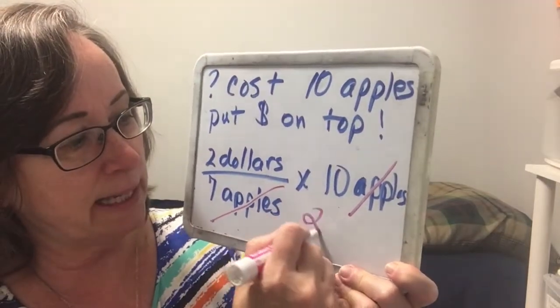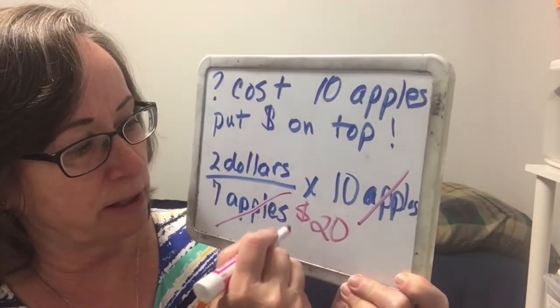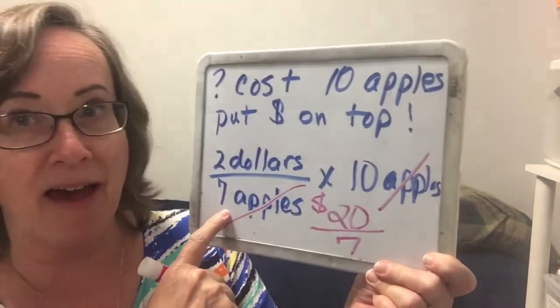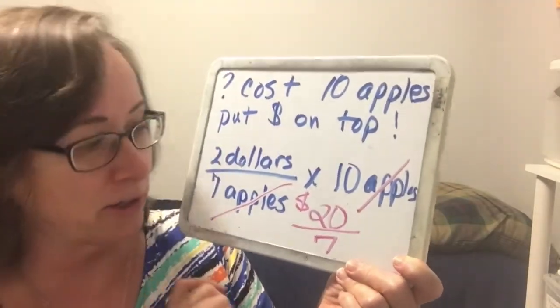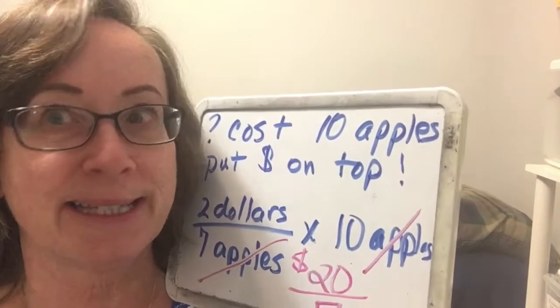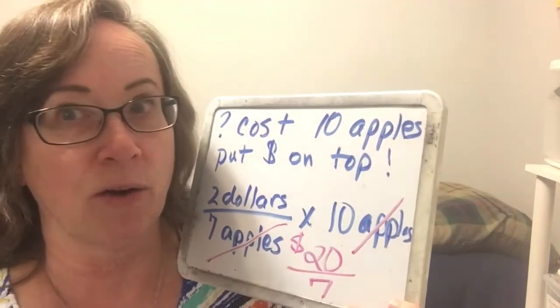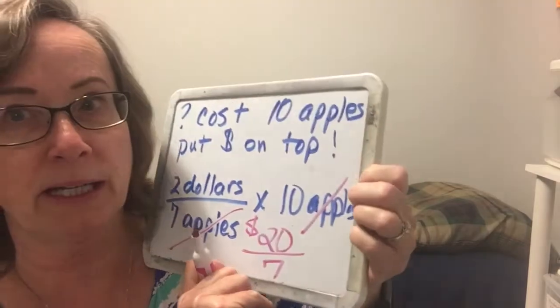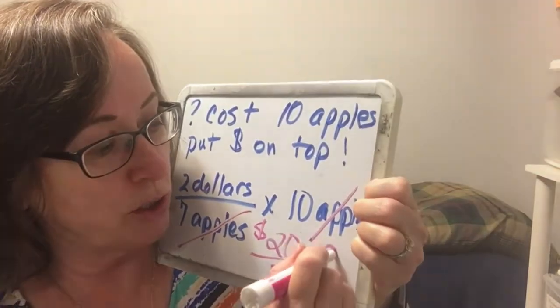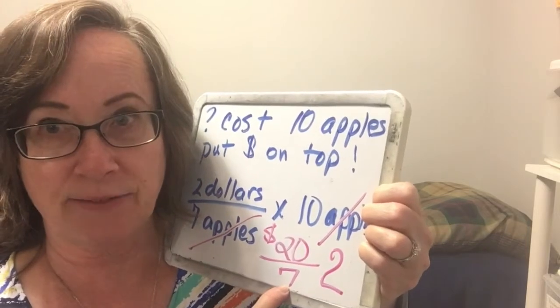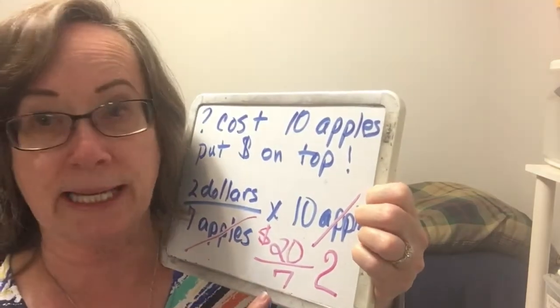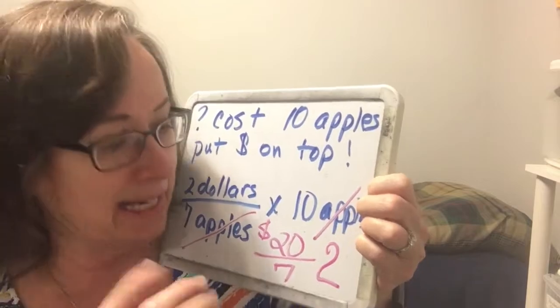Okay, so $20 divided by 7, because the apples canceled, we know our answer is in dollars. So 20 divided by 7 goes 2 whole times, and we're going to have 6 left over because 2 times 7 is 14, and 20 minus 14 is 6.